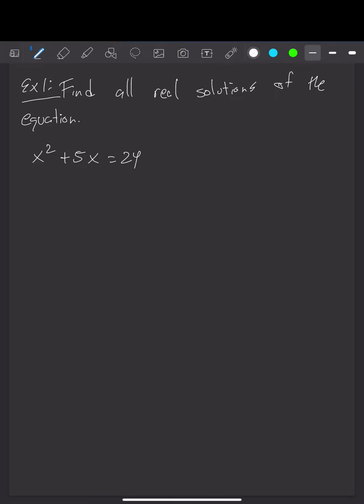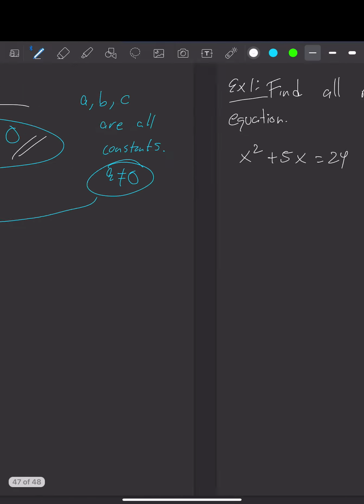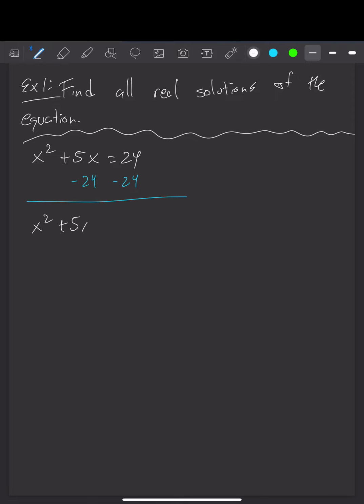Go back to your original quadratic equation, and it says it must equal 0. Here, it's not equal to 0, in fact it's equal to 24. So always bring whichever side is convenient to the other side. In this case, it's easier to bring that 24 to the left-hand side, which gives us x squared plus 5x minus 24 equals 0.